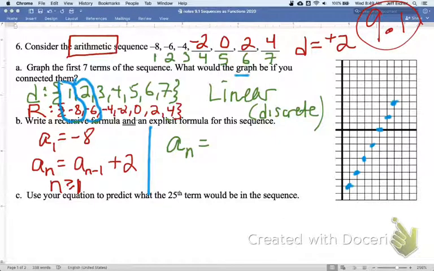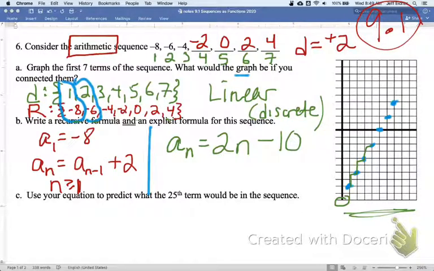So looking at this dot plot, this linear looking function, this discrete relation, it looks like our slope is 2. And we'll use n. And then it looks like our y-intercept would be down there at -10.